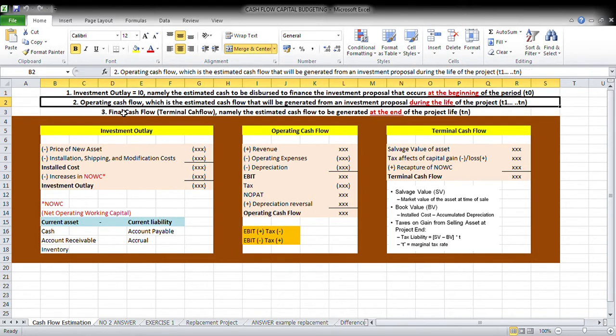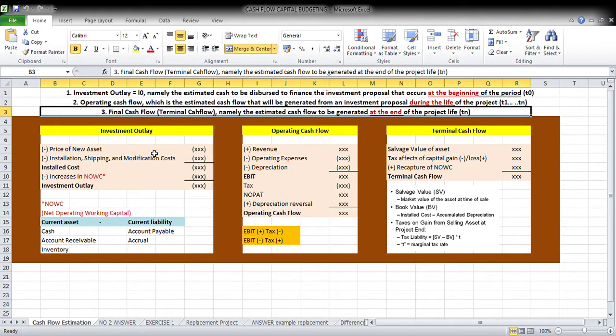The second is operating cash flow, which is the estimated cash flow that will be generated from an investment proposal during the life of the project, and we can call that T1 until Tn. And the last is financial cash flow or terminal cash flow, namely the estimated cash flow to be generated at the end of the project life, or Tn.